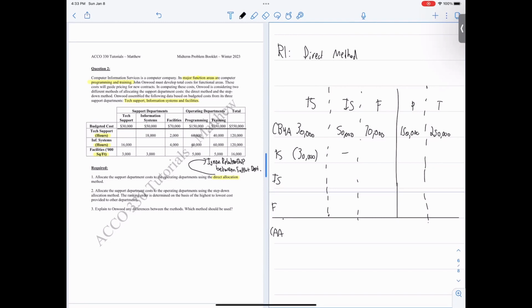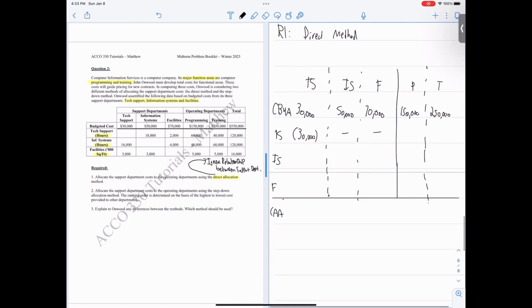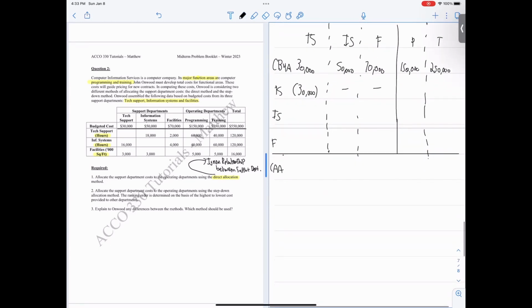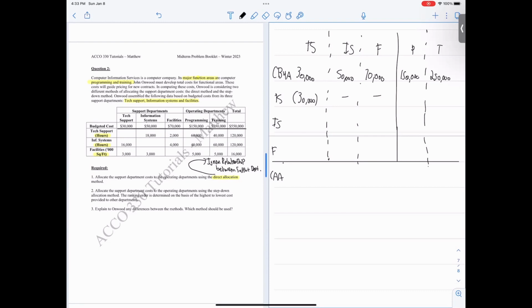We're not helping IS and facilities because we're doing the direct method. Now we have to figure out how much of this cost gets allocated to programming and how much gets allocated to training. So, guys, to do this, you first have your chart. But what's very important is you build your total allocation schedule. Okay, your total allocation schedule here. Now, in our total allocation schedules, guys, I'm using abbreviations.